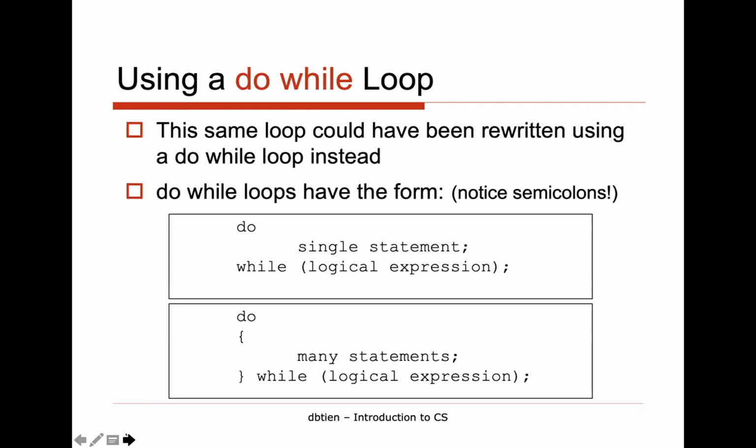So now, last time we worked on the while loop. Now I introduce you to the do while loop. The do while loop has the form like this: do, and then if you have only a single statement, you put the single statement here, and then while, and then the condition.